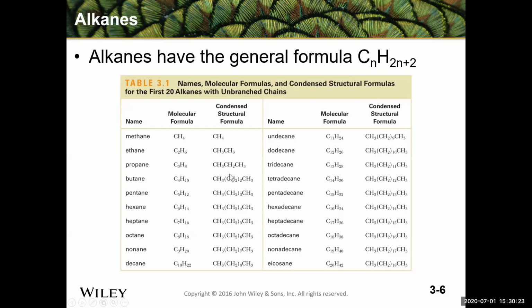So you can see that because of this formula, you can write these condensed structural formulas. These lighter alkanes tend to be gases up to butane. Then pentane to nonane are liquids at room temperature, and these larger hydrocarbons or alkanes are usually solid, waxy-like substances.